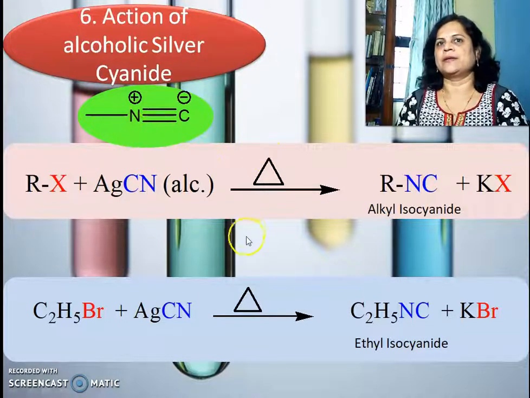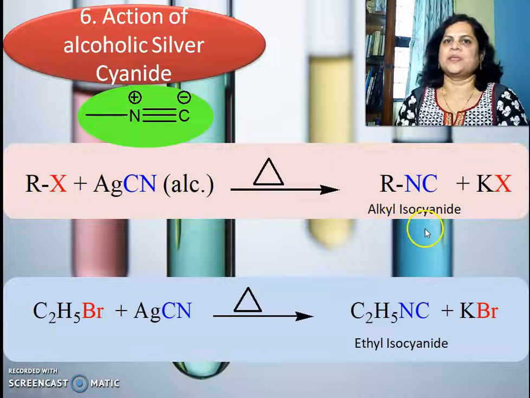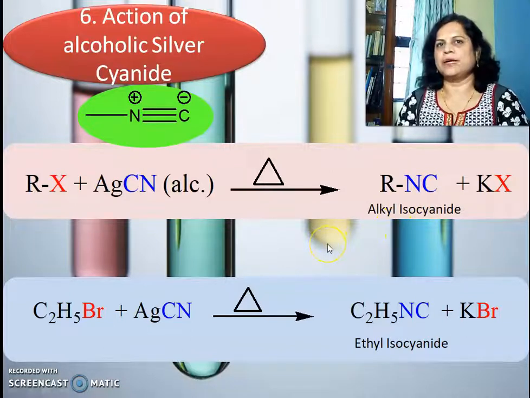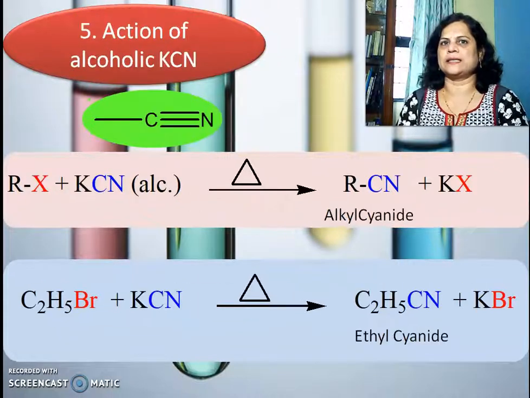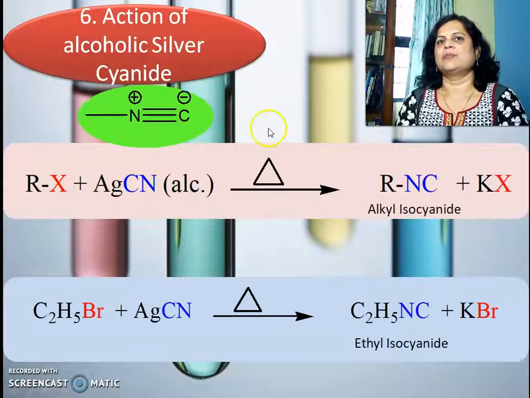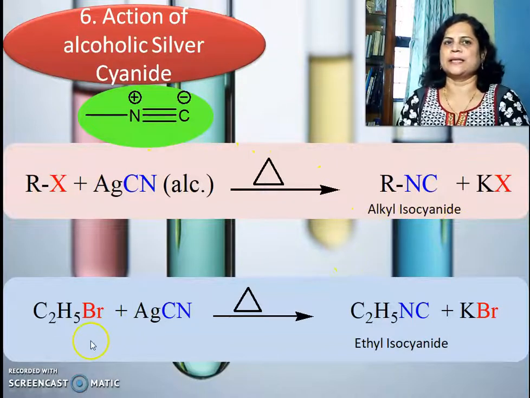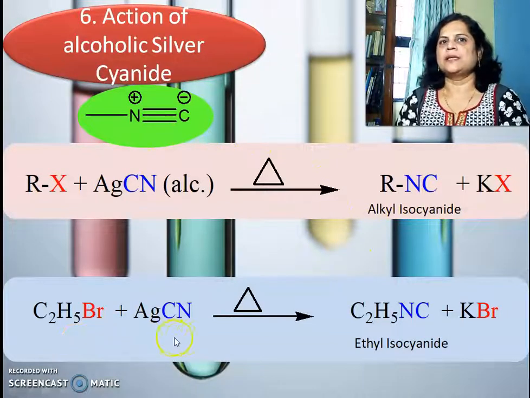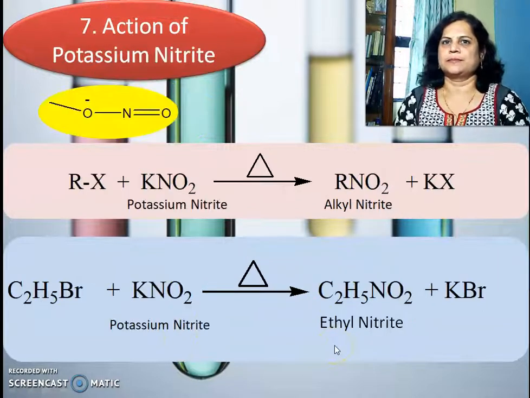If the R group is bonded with the C of the CN group, these are called cyanides, RCN, alkyl cyanide. But in this reaction R is bonded with the nitrogen, and therefore these are referred to as alkyl isocyanides. Example: ethyl bromide with silver cyanide forms ethyl isocyanide.